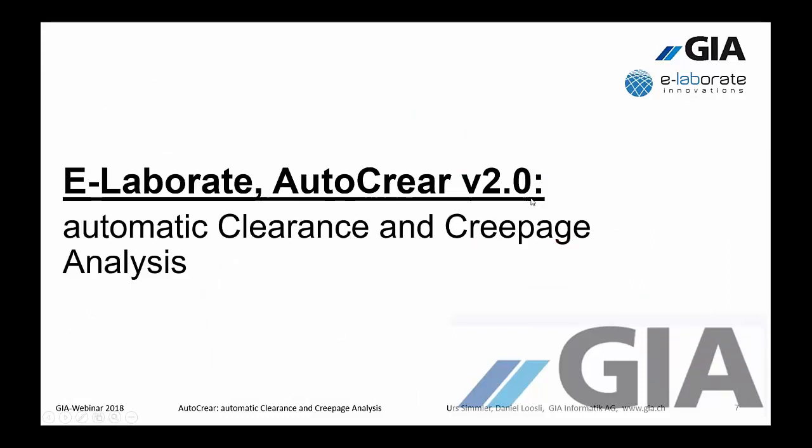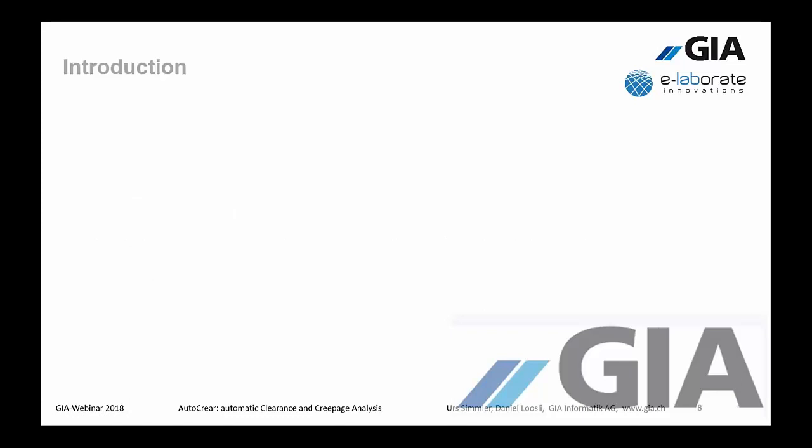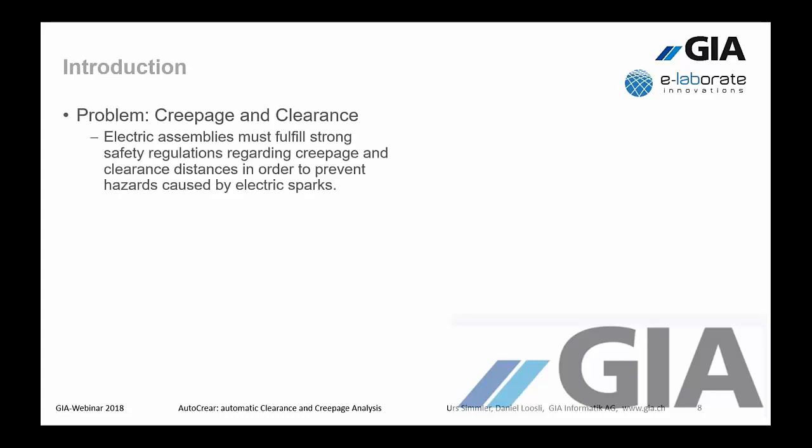Okay, let's talk about electrical clearance and creepage analysis from Elaborate. The product is called AutoCrear version 2.0. Why do we have such a product?